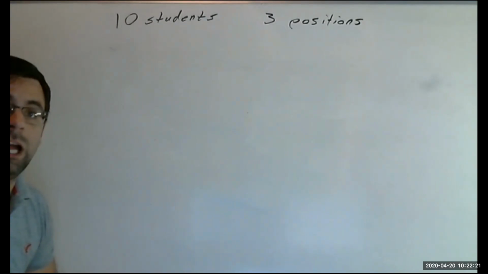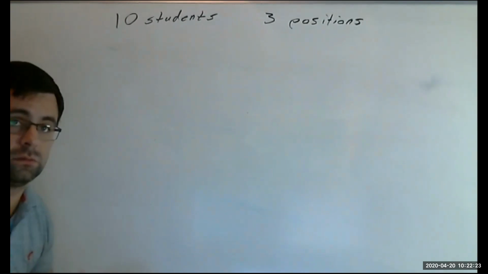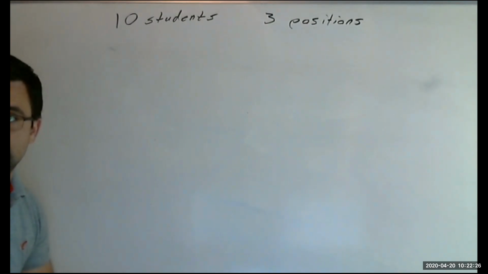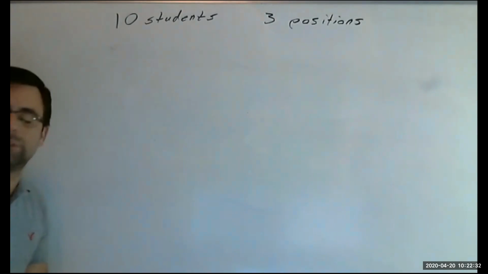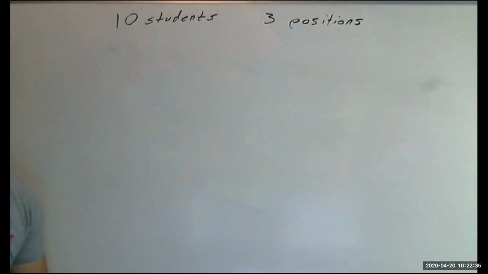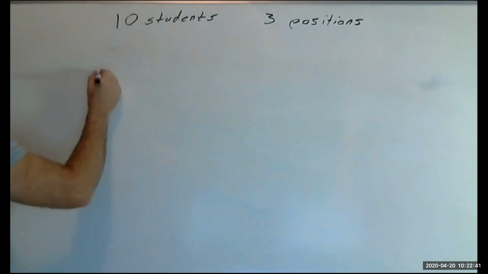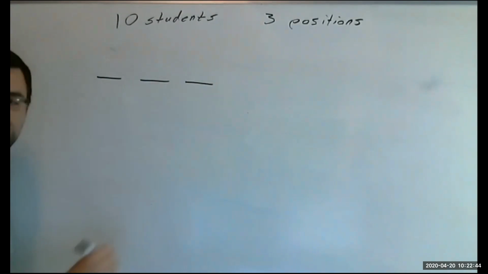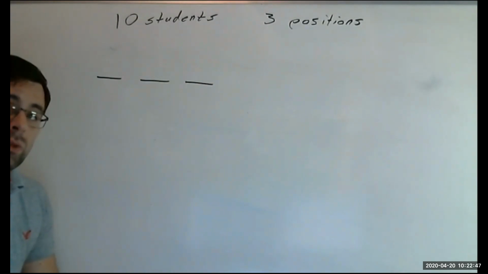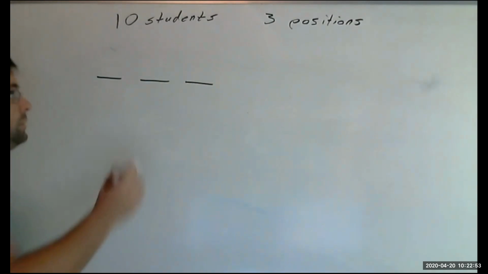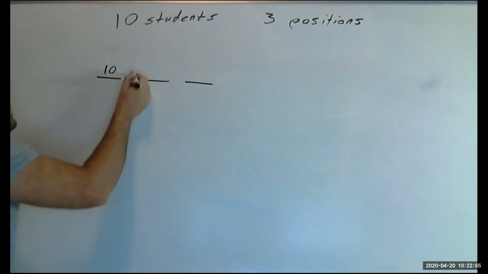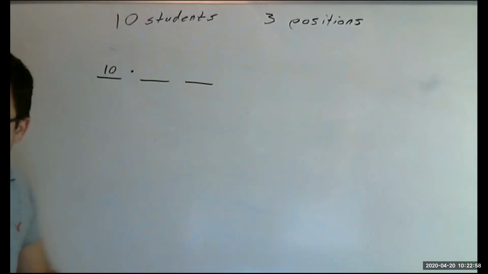How many different ways could we fill that? First off, how many spaces do I need? 3, yep, because there are 3 positions. Now, how many options do I have for the first position? 10. How many options would I have for the second position? 9.